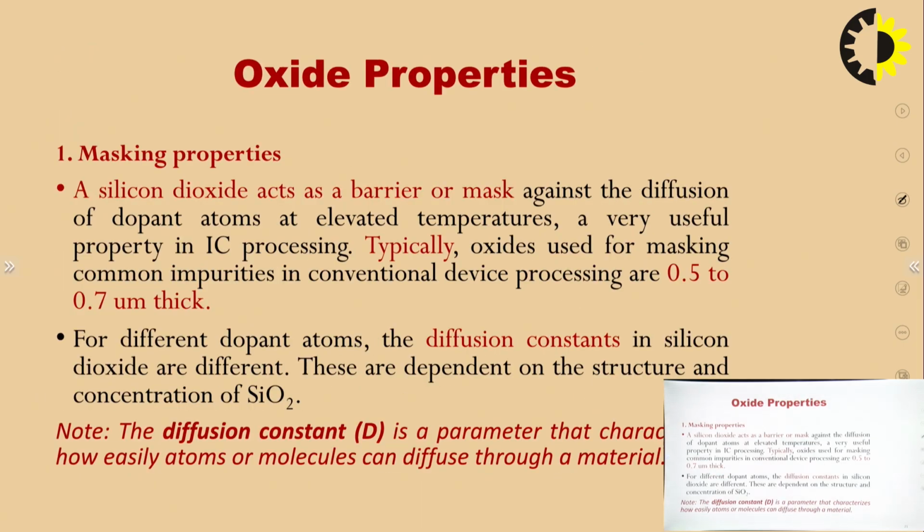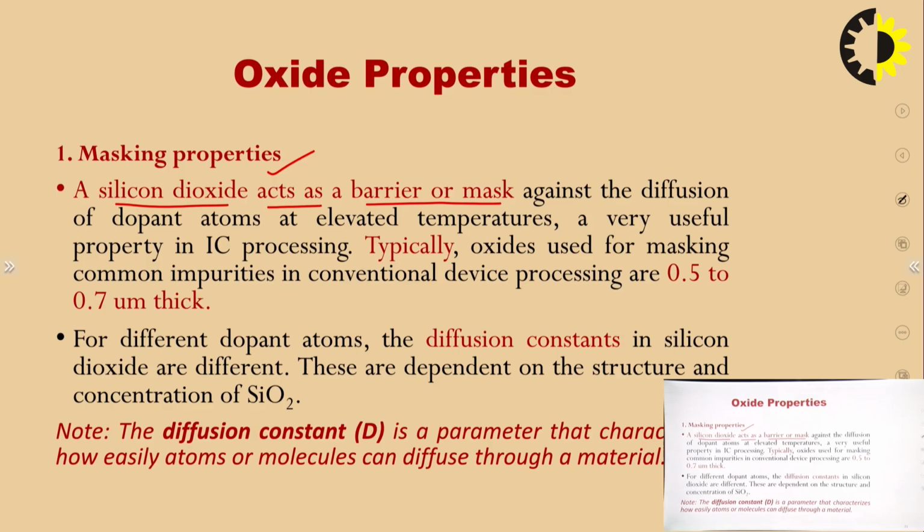Okay, now the next topic that we have to discuss is the oxide properties. The first one is masking properties. We all know that silicon dioxide acts as a barrier or mask against the diffusion of dopant atoms at high temperature.